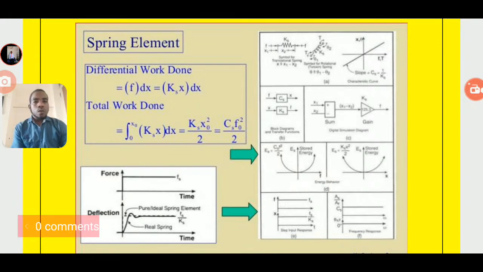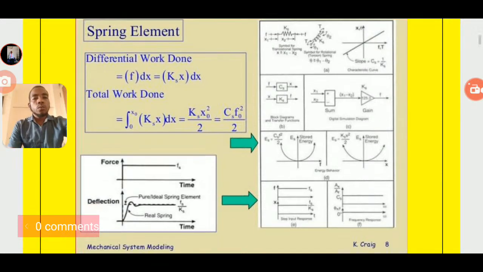The differential work done is F dx or Ks x dx, but the total work done is the integration from 0 to x naught of Ks x dx, which is equal to Ks x naught squared over 2, which is equal to Cs F naught squared over 2. This is the total work done.